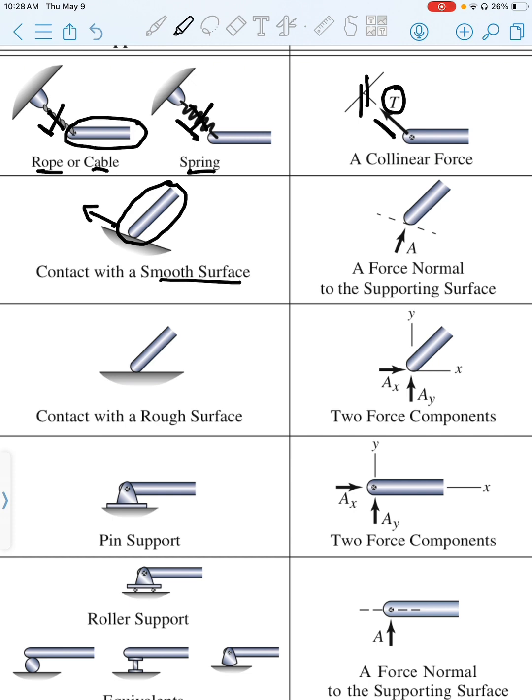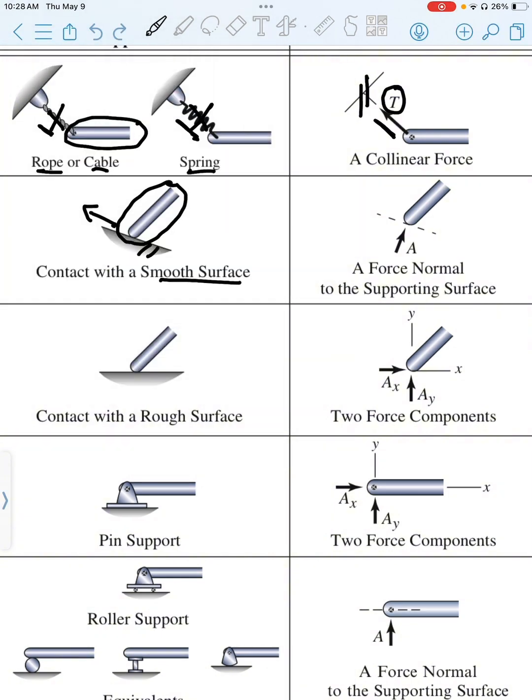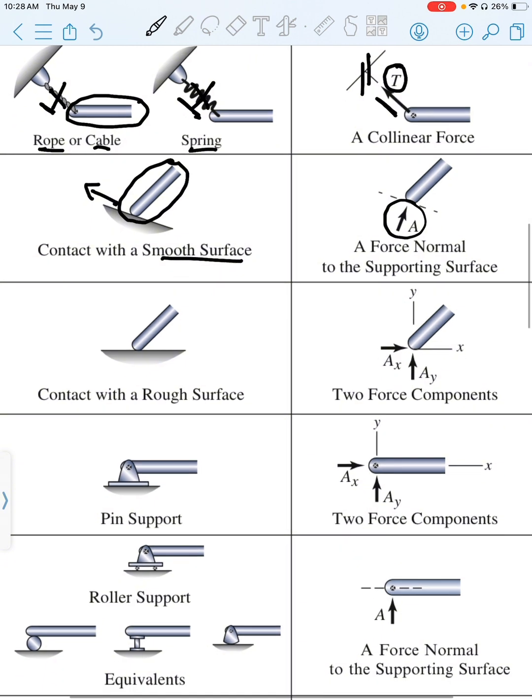That means there's no reaction on the surface. So basically there are no forces in the x direction. The only force that we have is in the y direction, normal to the surface. It is only in the y direction, nothing in the x direction.